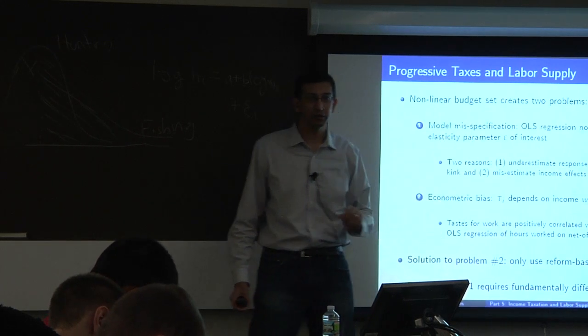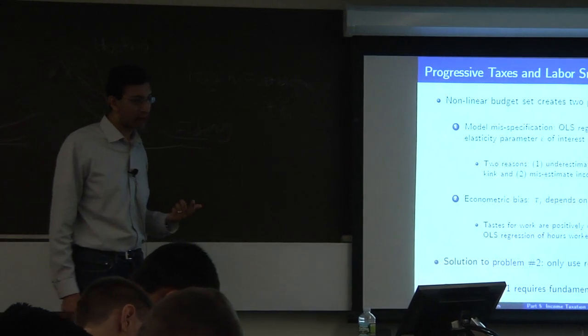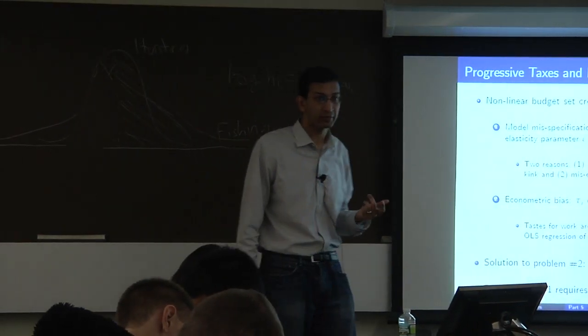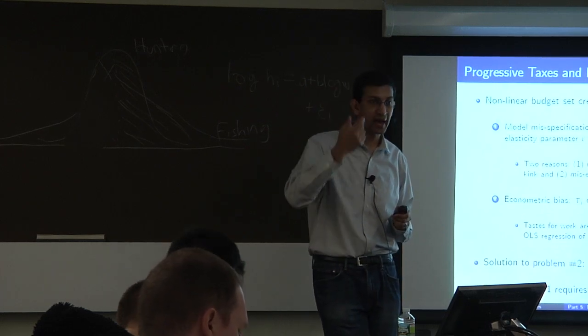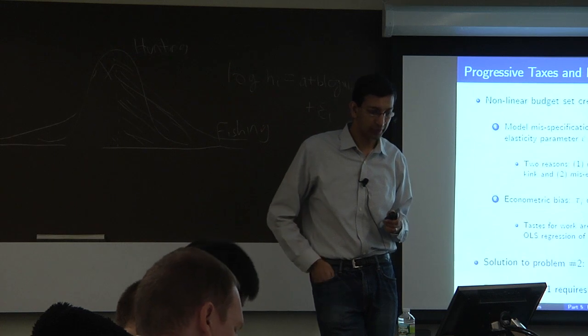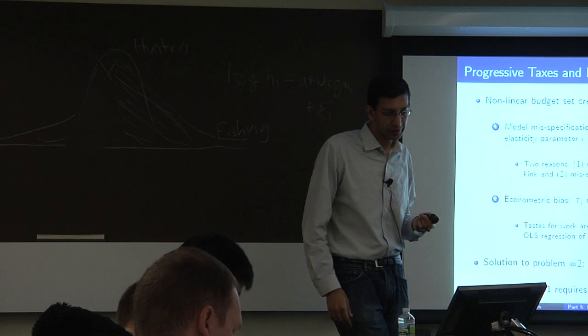The second problem is that you have a further source of econometric bias because you have essentially a reverse causality problem. Suppose you are using taxes as instruments, right? Which is what we decided is a solution to dealing with all these measurement error problems.